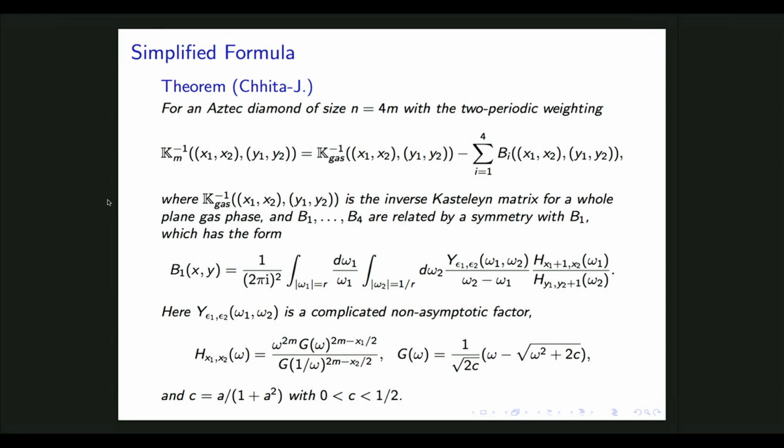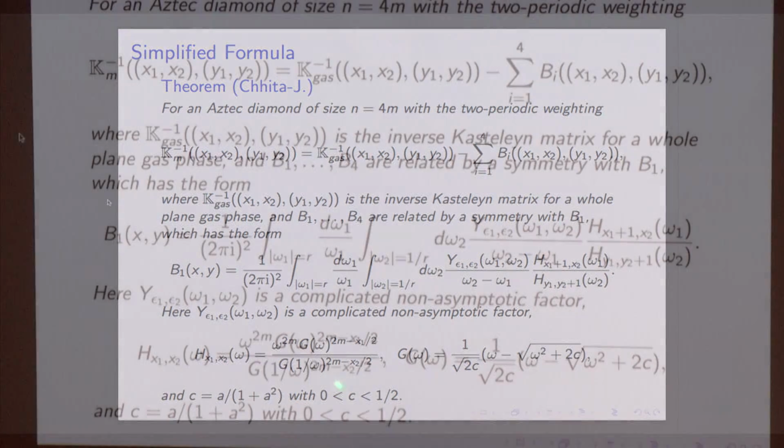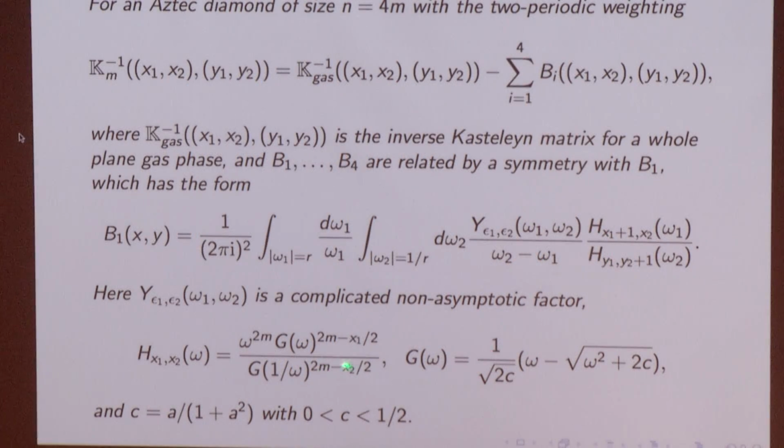So g omega is this. You can see it's a solution to some quadratic equation, but it's not a rational function anymore. In all the other models, you typically have rational functions here in this thing, in the Schur process, or exponential functions. So here it's something more complicated, but still it's a relatively reasonable thing to work with.